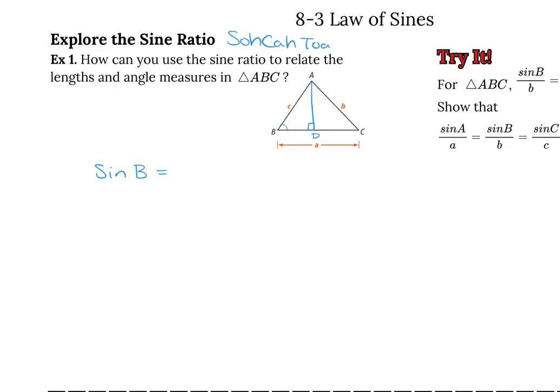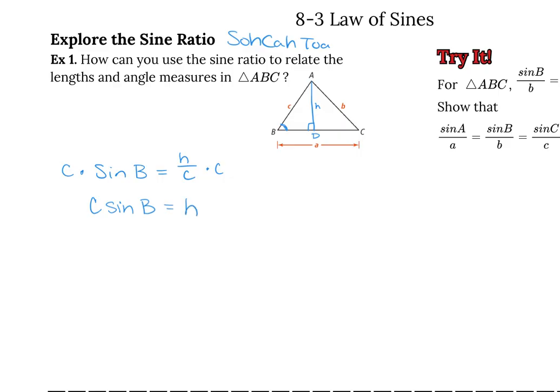Looking at angle B, the opposite is the altitude, which I'm going to name H, over my hypotenuse, which is C. I want to isolate H, so I multiply both sides by C, and I end up with C sine B equals H.